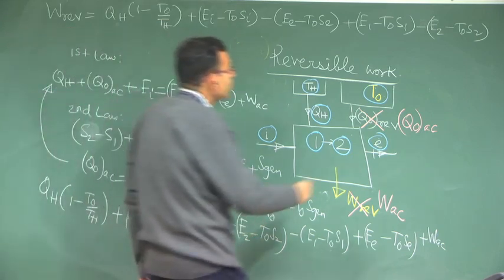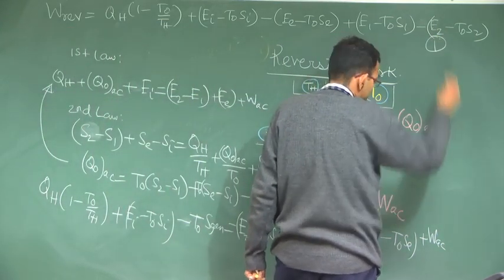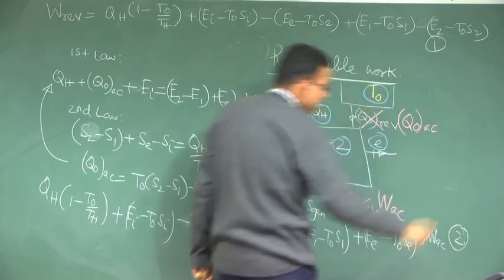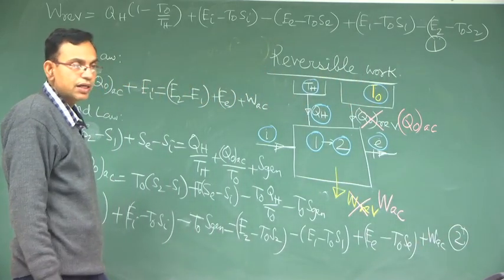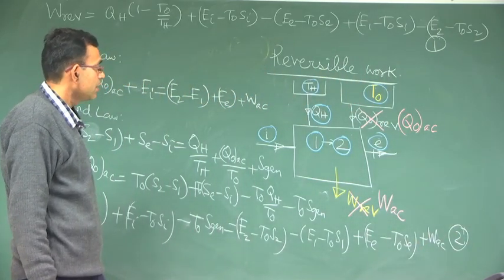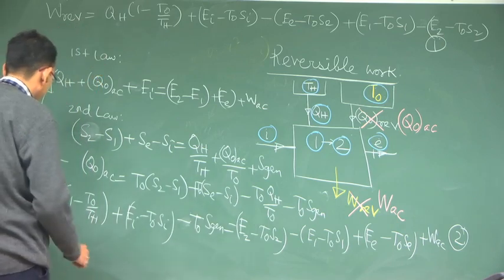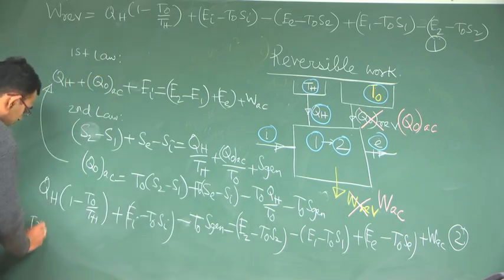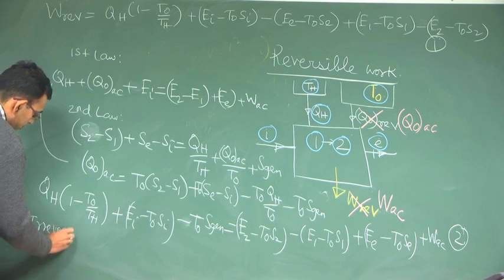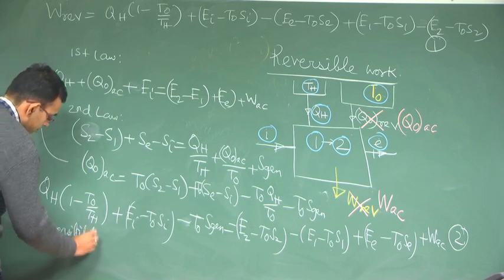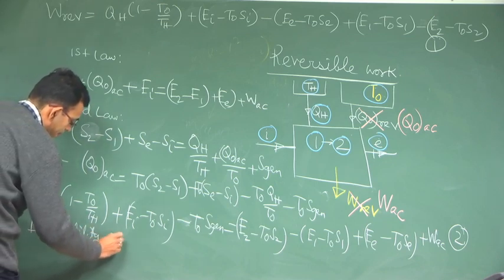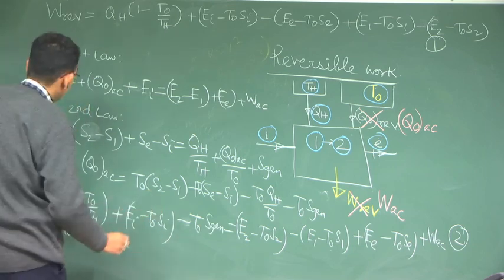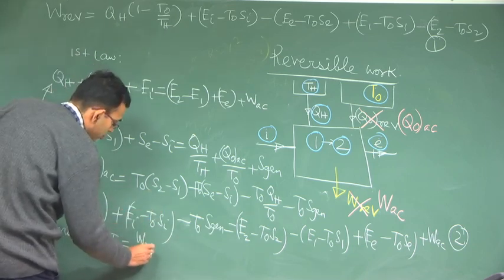So, this is one expression where you have W reversible, and this is one expression from which you can get W actual. The irreversibility is defined as the difference between reversible work and actual work.